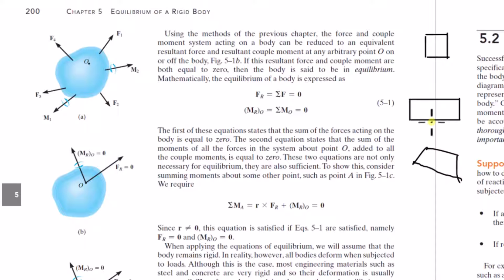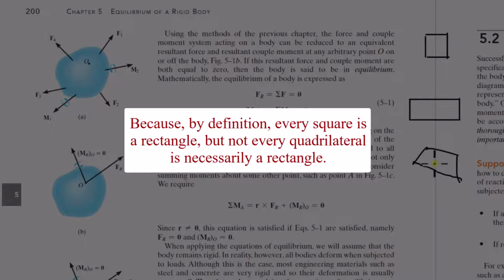If I don't have a quadrilateral, I cannot have a rectangle. A square is a sufficient condition to have a rectangle, but it's not necessary. It doesn't have to be a square to be a rectangle. Having a square is sufficient, but having a quadrilateral is necessary. I cannot have a rectangle unless I have a quadrilateral.